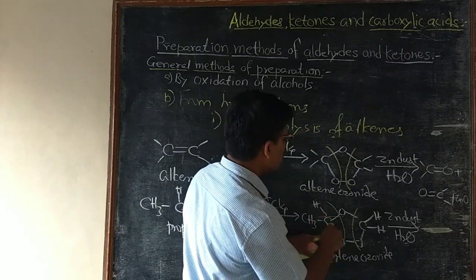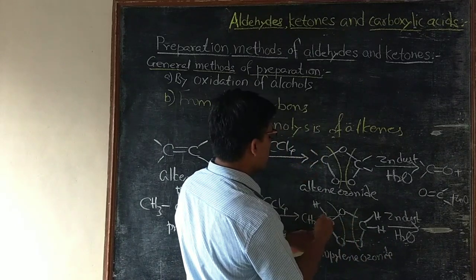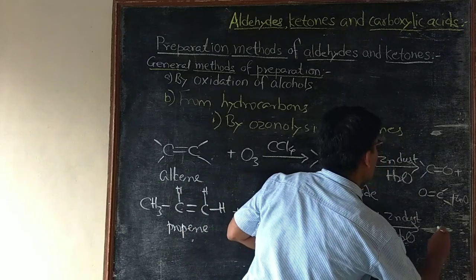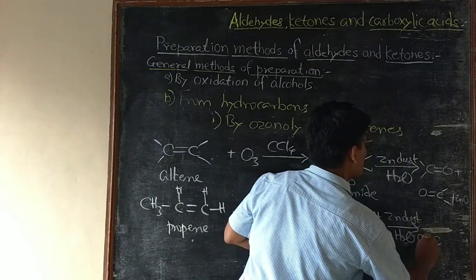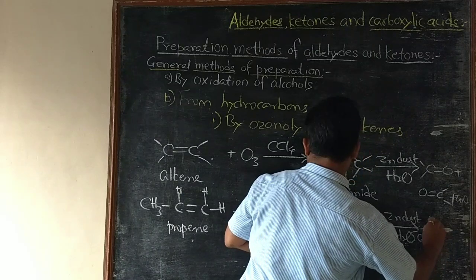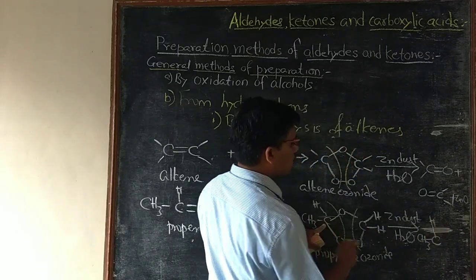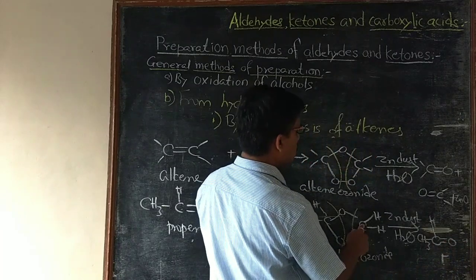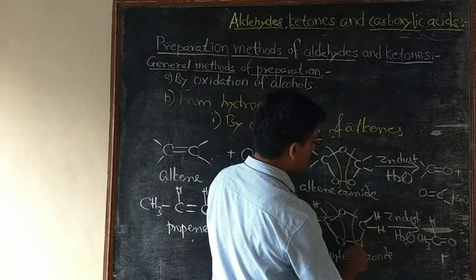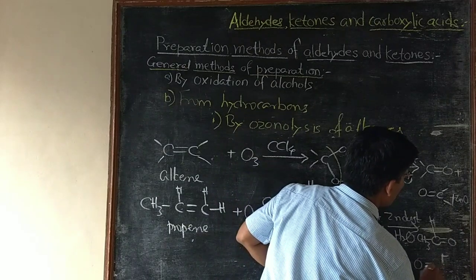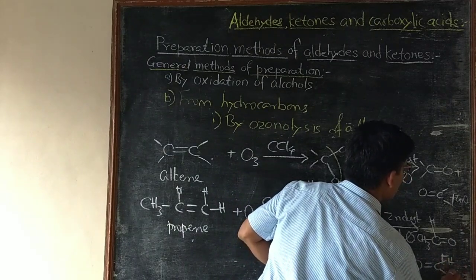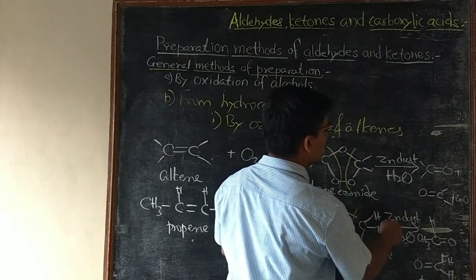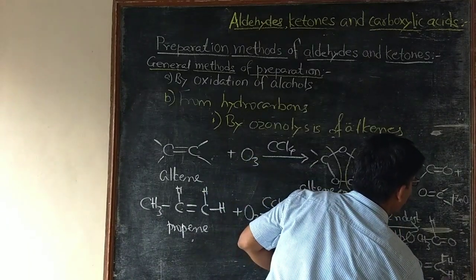Let us see which are the fragments. First fragment is carbon attached to CH3 and this hydrogen, and this carbon attached to oxygen, that is CH3CH double bond O, plus this carbon attached to two hydrogens and one oxygen, that is H2C double bond O, plus this oxygen goes to zinc dust which forms ZnO.